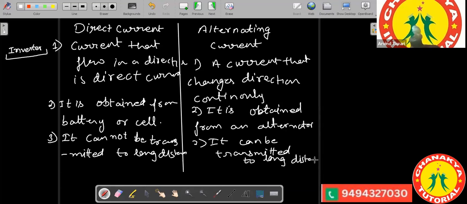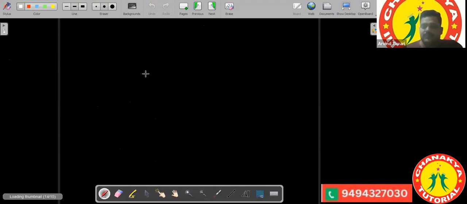Like your city may be getting electric current from thousands of kilometers away, or maybe 100, 200, 300 kilometers away. But if you transport DC, it will cause a lot of heating effect, and hence it cannot be transmitted. Okay, we can show this graphically.